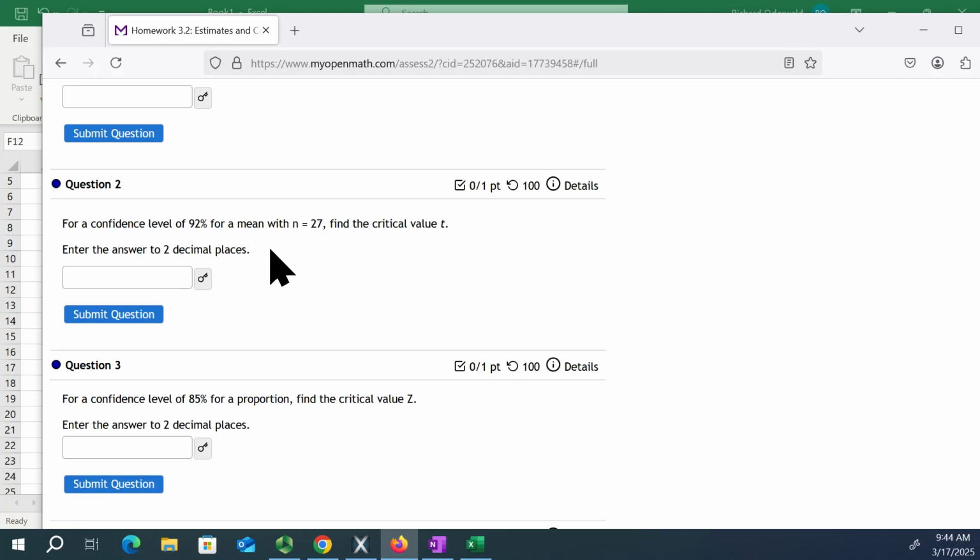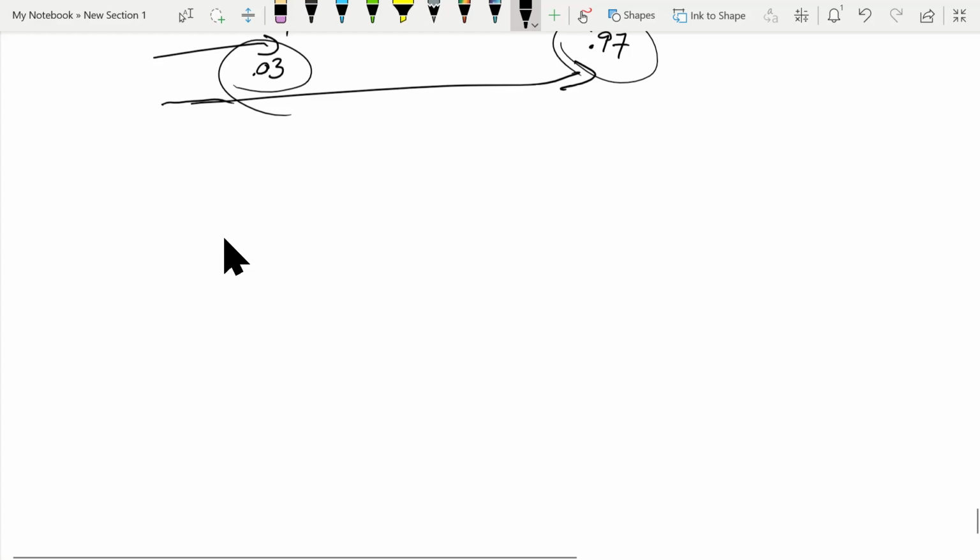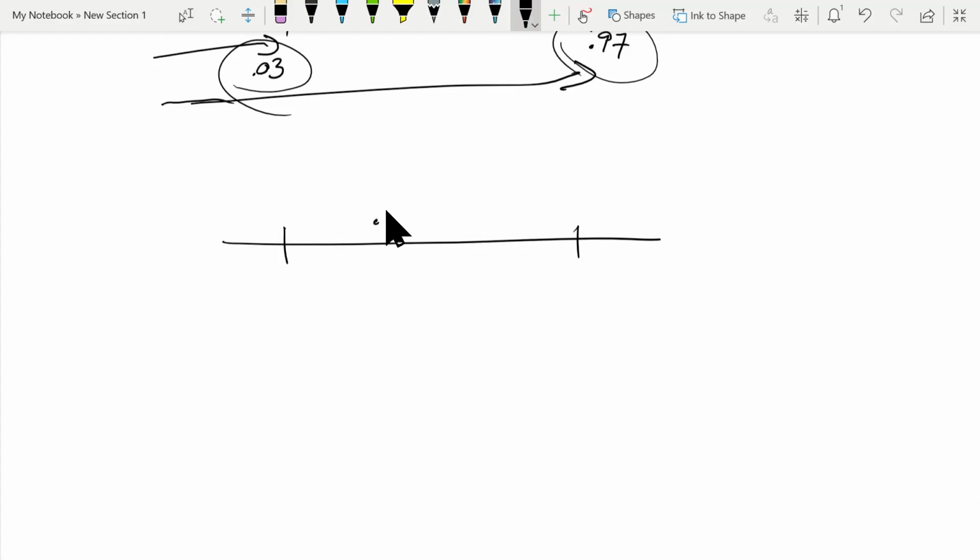Here, for a confidence level of 92% for a mean, that means I got a sample size, I got a t-distribution. What values do I look up for a 92% confidence interval? The confidence interval is always in the middle. What's on the outside? 0.08.